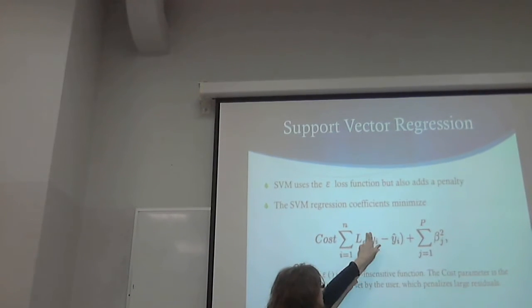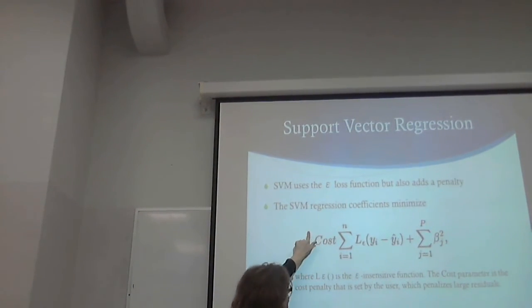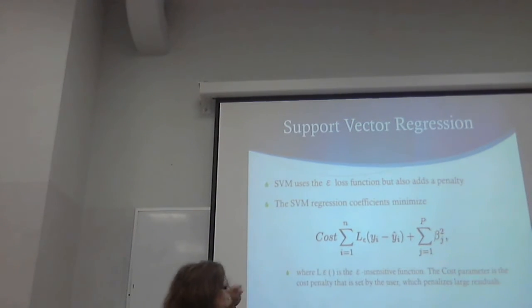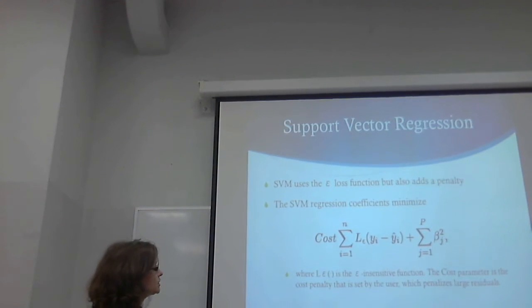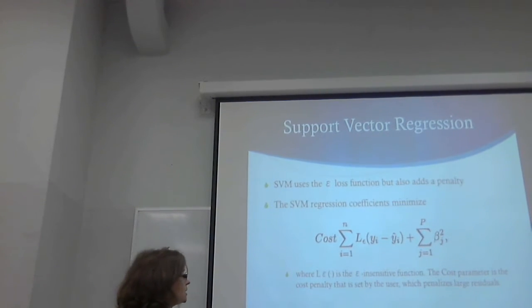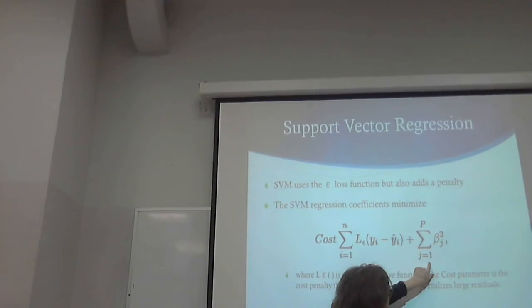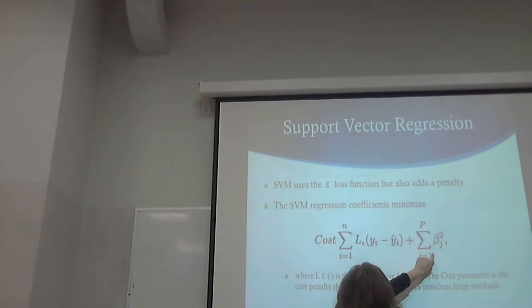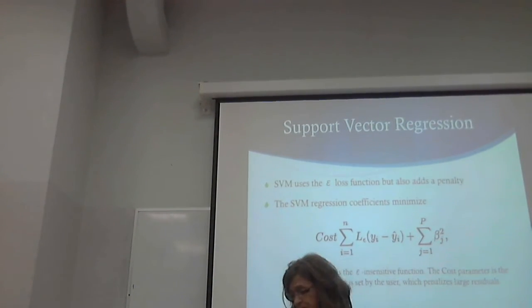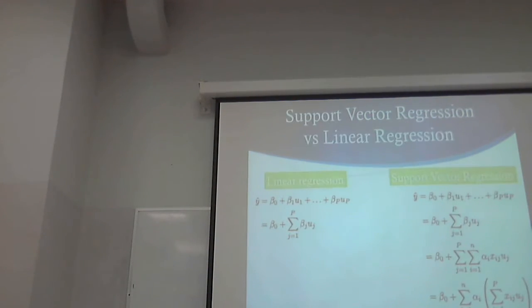You see this here, and this is a cost parameter, which you used last year as a tuning parameter. We penalize large residuals. So this is a mathematical formula for SVM.